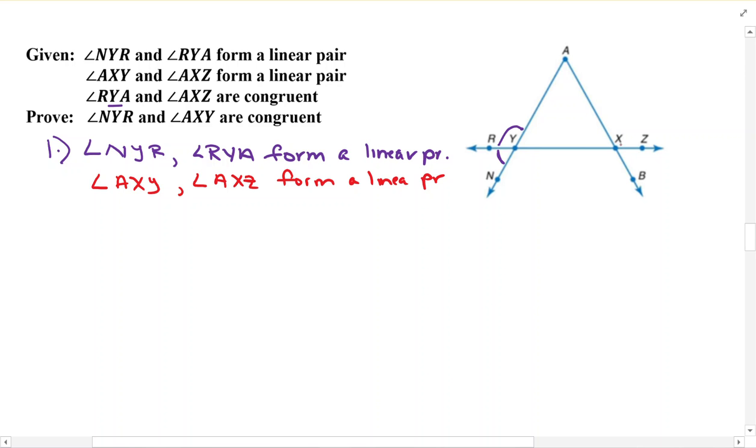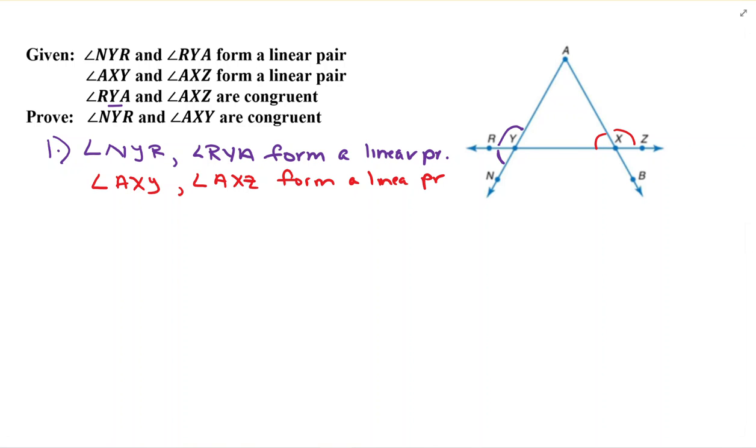And so that's AXY, and AXZ. So these two form a linear pair.